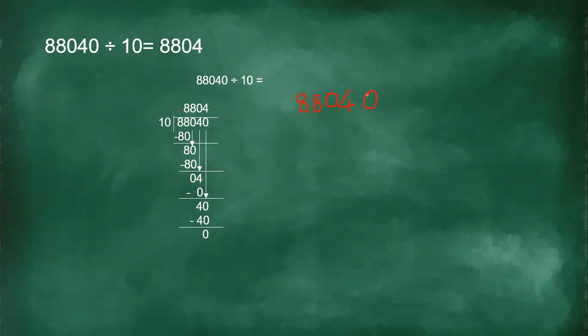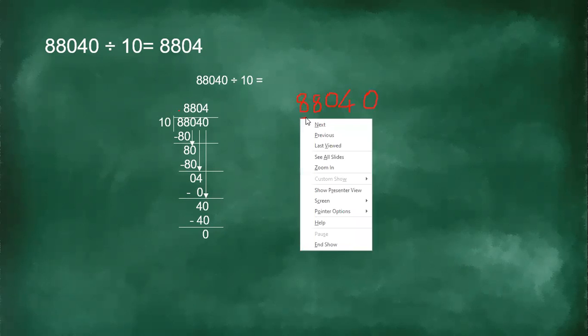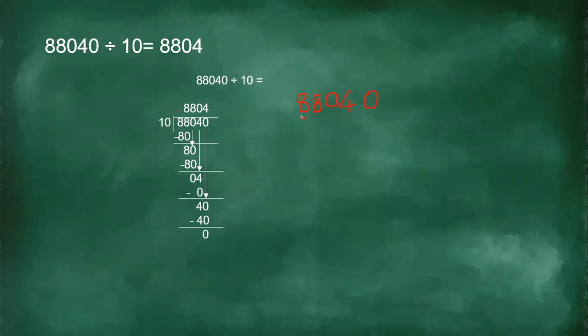So, sir, the cheat that I learned is by seeing that if you have 10 here, I remember how you multiply by 10 and 100 and so forth, which is equal to putting a 0 on top.